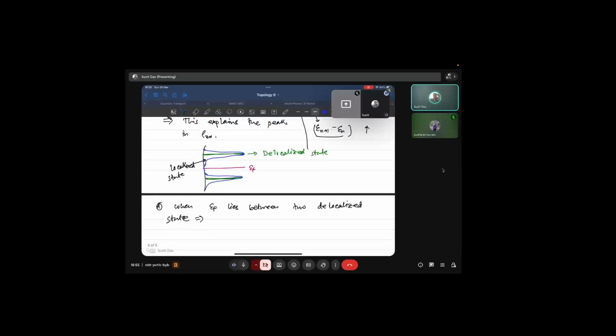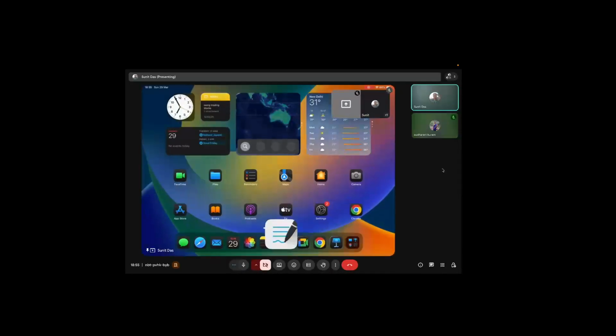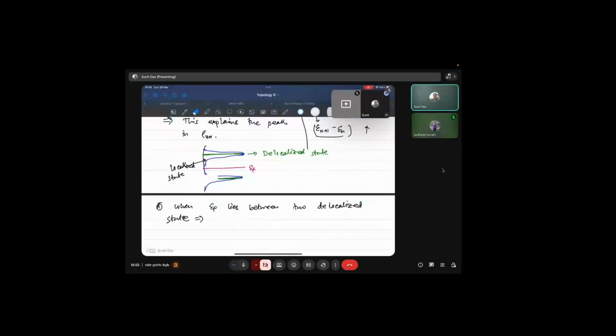So here will be one mobility edge, let's say, and there is another mobility edge here.